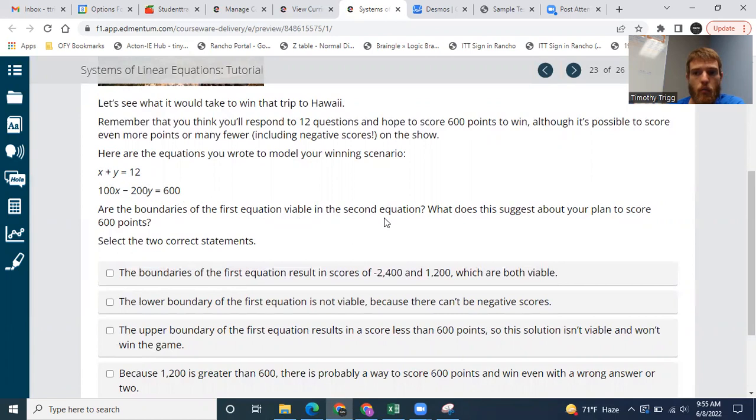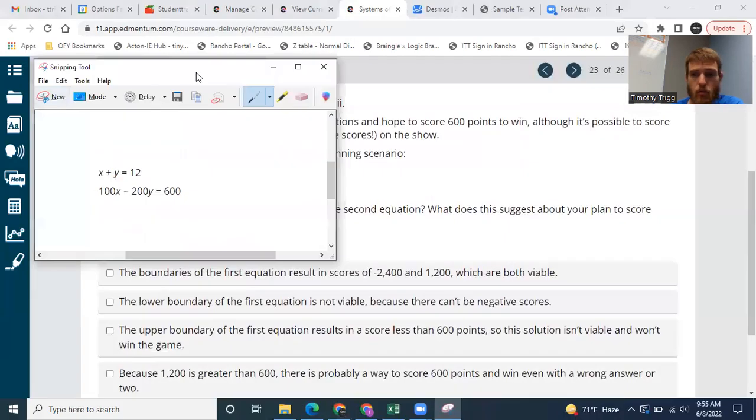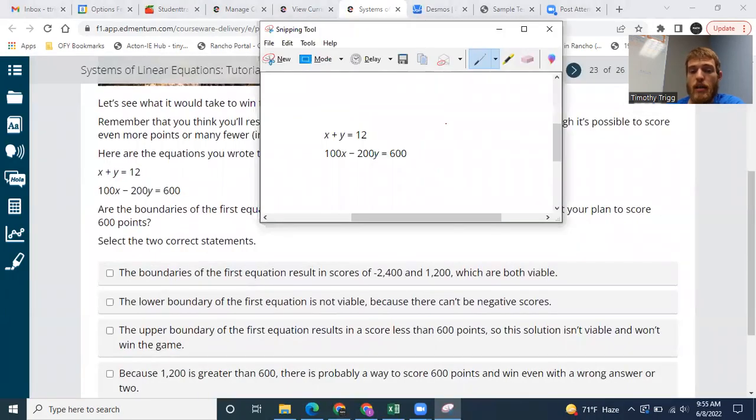So the couple things you can think about is the fact that X plus Y equals 12. So it's possible that X is 12. In other words, you get all 12 questions right. And then Y would have to be 0 there because they add up to 12, right? X plus Y equals 12. So if X is 12, Y would have to be 0.